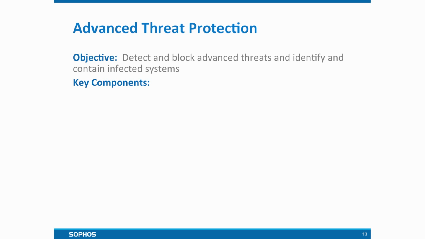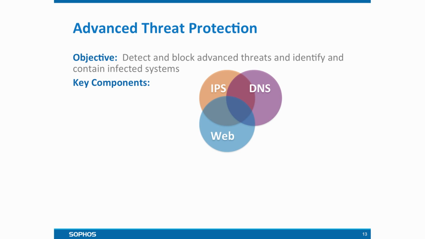The UTM was already uniquely positioned to provide this kind of protection, as it has many of the essential components you need, including an intrusion prevention system to identify the necessary attack patterns, DNS lookups to identify known command and control traffic destinations, web protection to block advanced web malware from entering the network, as well as command and control traffic trying to leave, and Level 7 app control with deep packet inspection to further identify advanced threat traffic on the network.